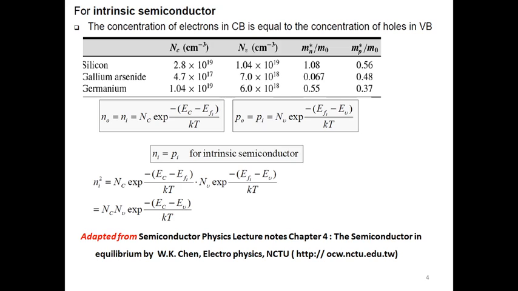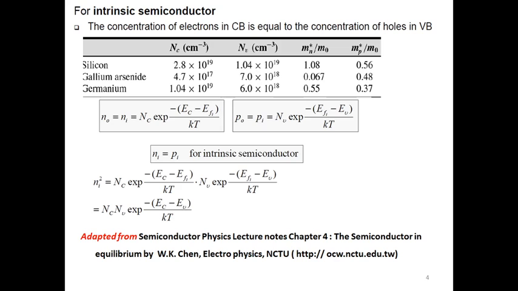Then we know these two equations: n naught is equal to Ni, nothing but the carrier concentration of electrons in terms of Nc, the effective density of states in the conduction band, and p naught is equal to Pi, where i represents the intrinsic, that is pure, semiconductor, in terms of Nv.